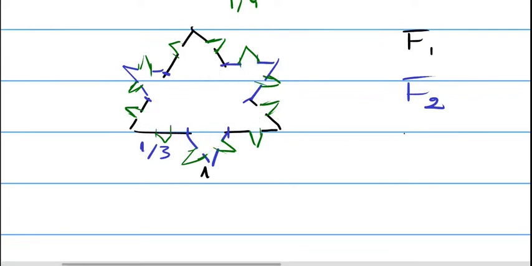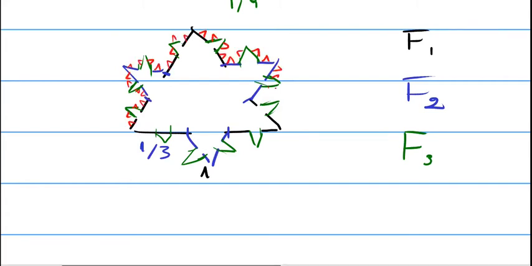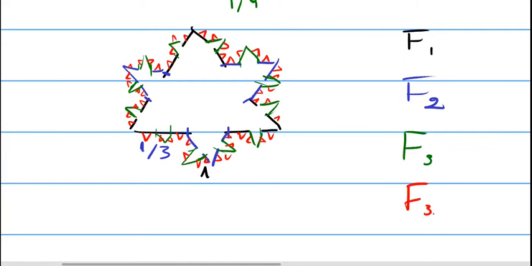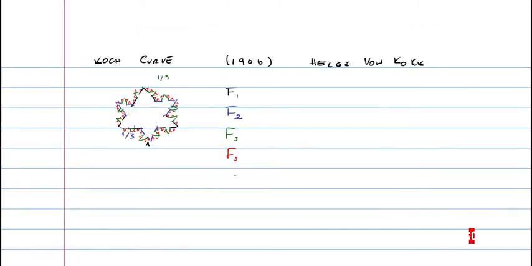So then this figure is called F3. And now we do the exact same thing on every other side of the triangle, and we're going to have something like this. And so we continue like this infinitely many times.